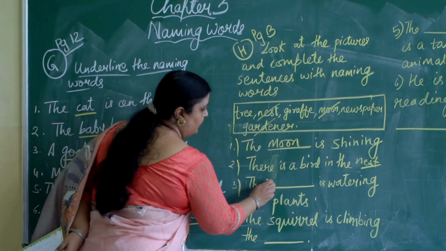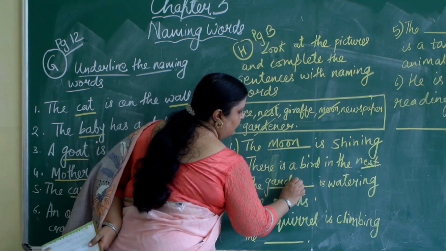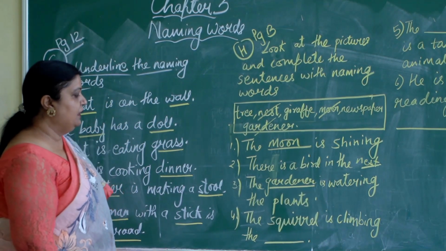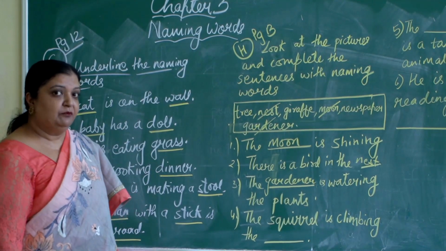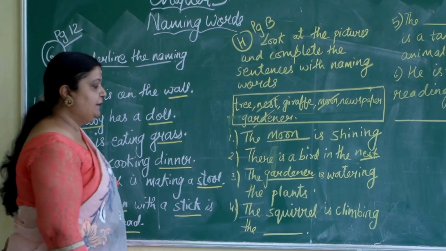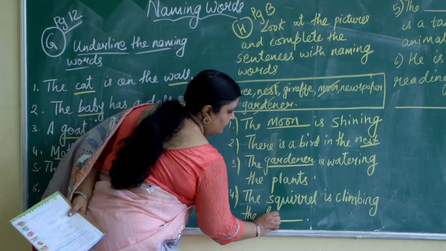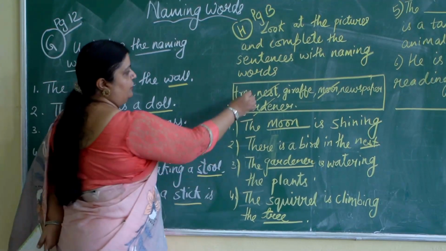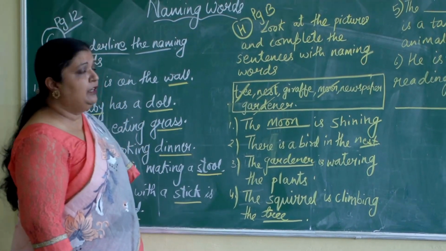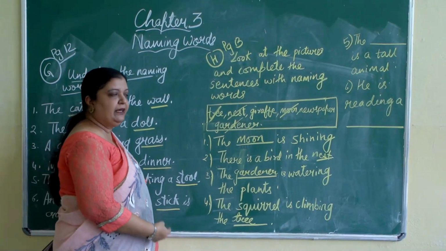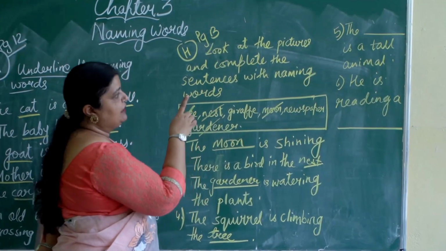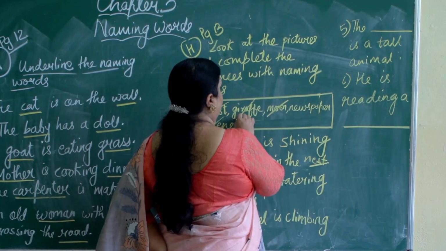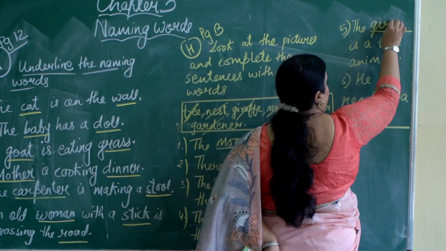You can omit it and write gardener. Fourth one, the squirrel is climbing the tree. Mostly squirrels are found on trees. They play, they love to be there. The squirrel is climbing the tree. So you will omit tree. Now giraffe and newspaper are left. See how easy it becomes. Now the dash is a tall animal. Which is the tall animal? Giraffe. You will omit giraffe and you will write it over here.